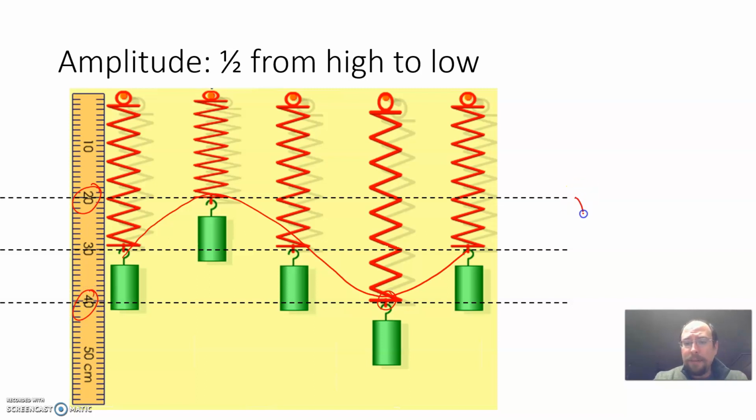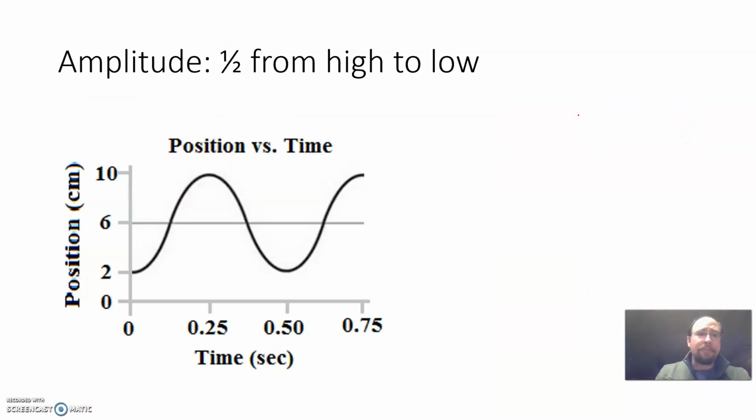It's not 40 centimeters for the total distance. You got to watch it, where it started, where it ended. It's only a difference of 20 centimeters between the high point and low point. Again, that's not the amplitude. It's only half that. And that's the key thing you got to remember: when you find the amplitude, it's half the total distance. It's the same thing each time.